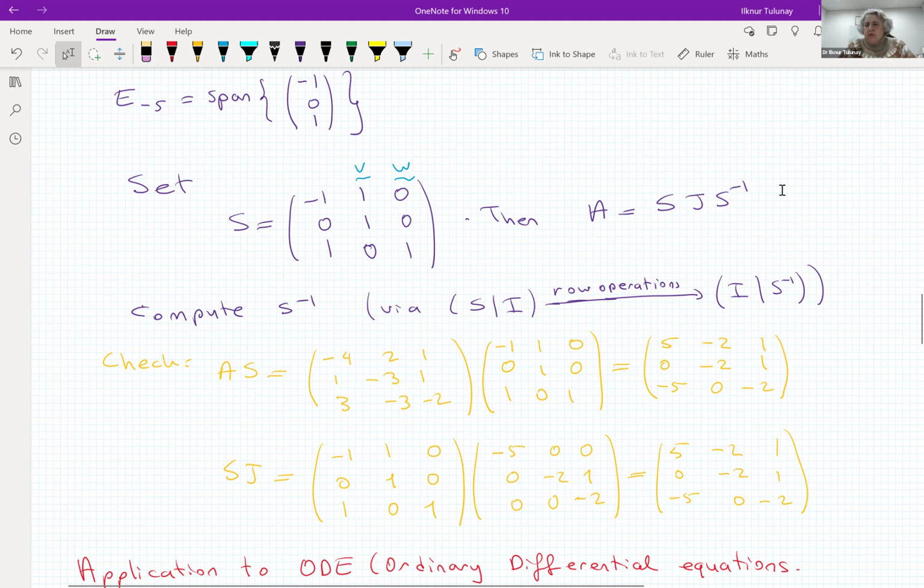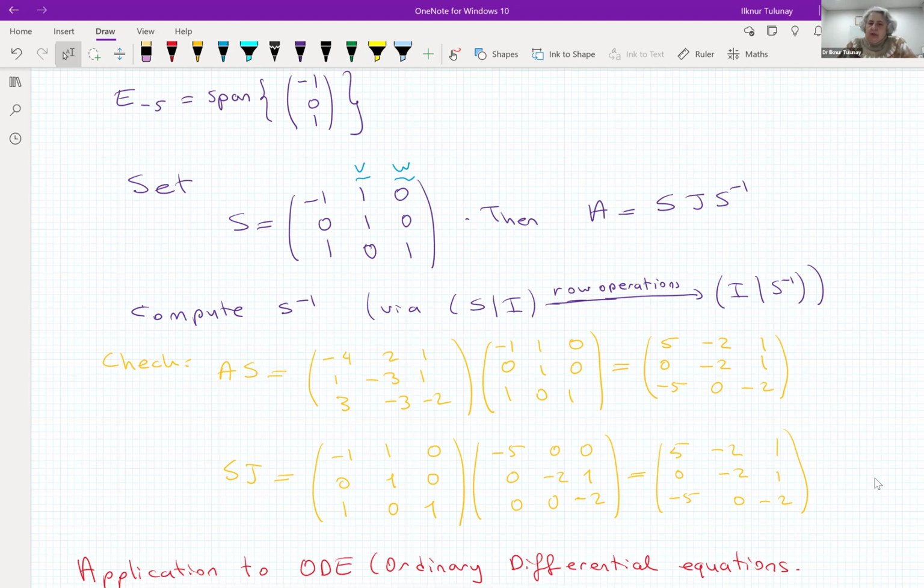If you multiply the equation from the right-hand side with S inverse, then S S inverse will be identity. So this equality is equivalent to AS equals SJ. If you multiply the A matrix with the S matrix, and then multiply S and the J matrix, you will see that these two matrices are the same. That will be a way to check that your calculations are correct.